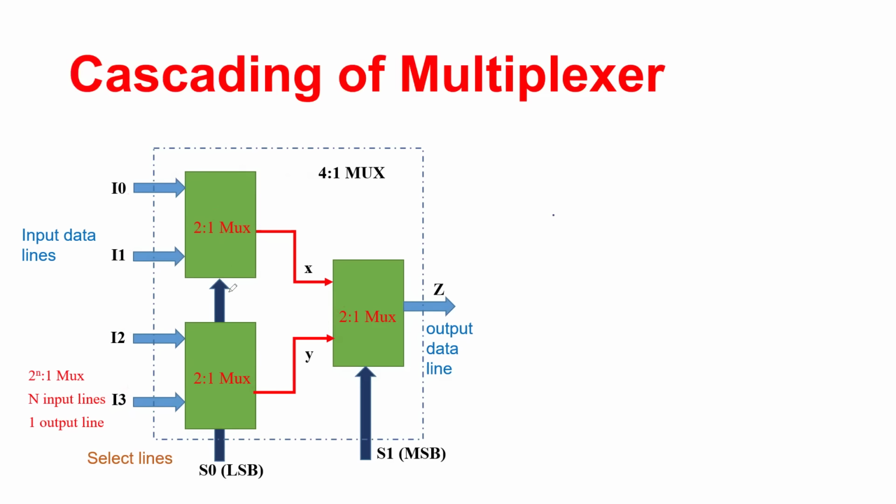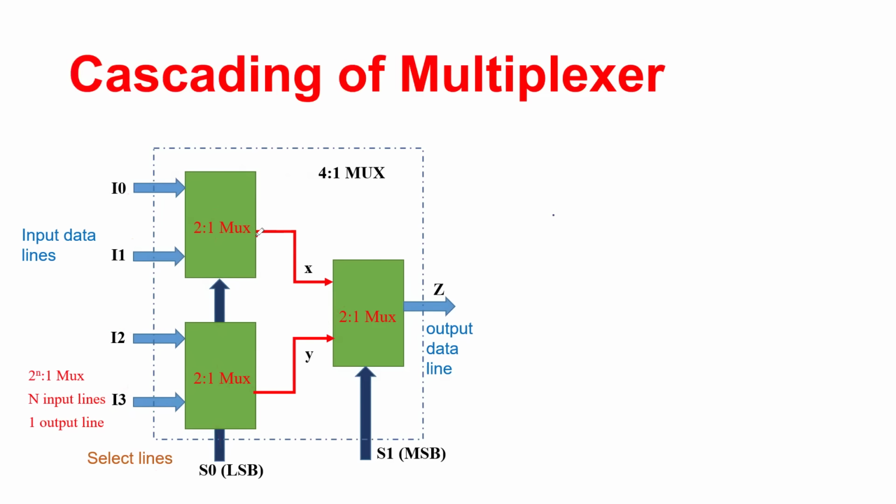And it has a single select line that is called S0. So here is the select line. A 2:1 MUX has two input lines, a single output line, and only one select line. And S0 indicates that it is a select line that is common to both of these MUX.